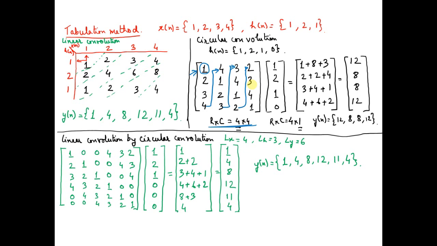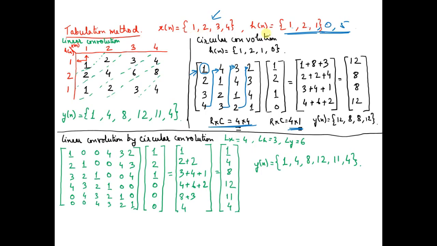Similarly, if you see h of n, it is 1 to 1. So the length is smaller than x of n. So we have to pad the signal with 0. So this would be 4 cross 1 matrix size. Suppose herein we had say another 0, then 5. That means the length of the signal is 1, 2, 3, 4, 5. And over here the length of hn is only 4.